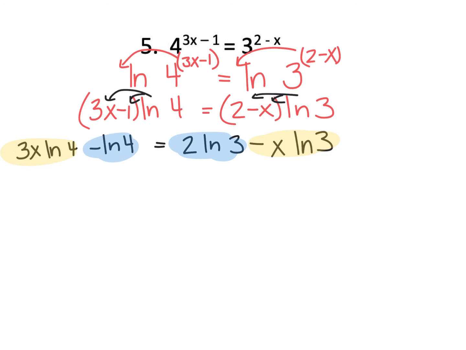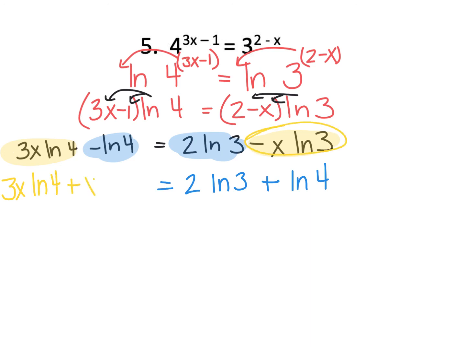So I'm going to take my constants to the right, so 2 times the ln of 3 stays where it's at, plus the ln of 4. And 3x times the ln of 4 will stay where it's at, and I will bring this one over, so plus x times the ln of 3.